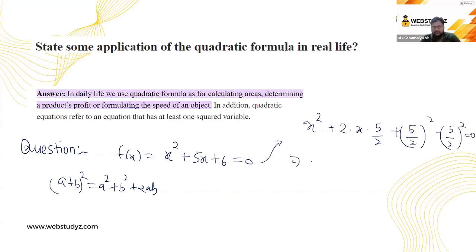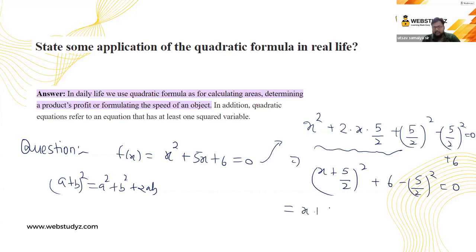So this is nothing but this whole term we can write as x plus 5 by 2 whole square. And here plus 6 is also there. Now plus 6 minus 5 by 2 whole square is equal to 0. So this is x plus 5 by 2 whole square plus 6 minus 25 by 4.